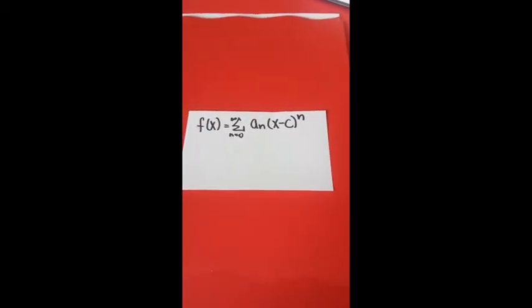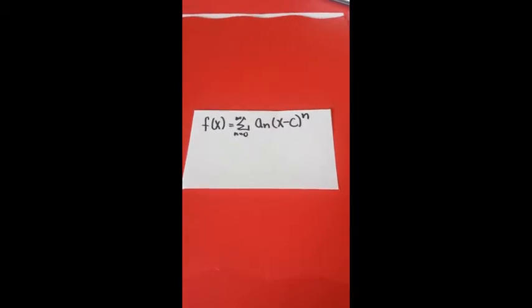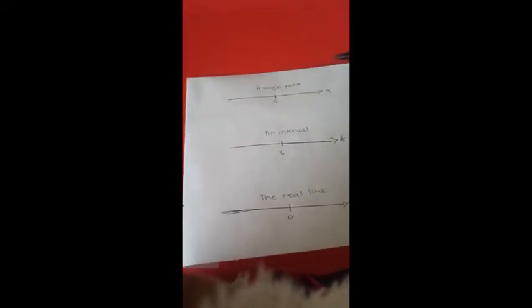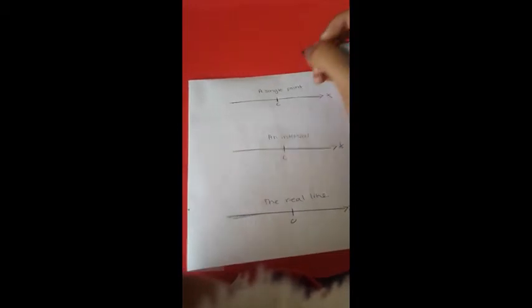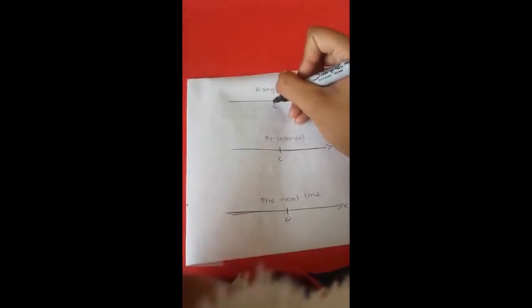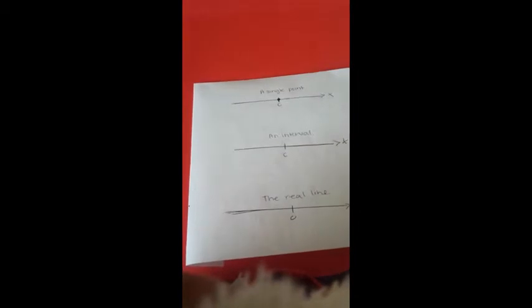Another thing that we have to keep in mind is that c always lies in the domain of f. To see this, note that the domain of a power series has only 3 basic forms. A single point, where the only point is c, which means the series only converges at c.